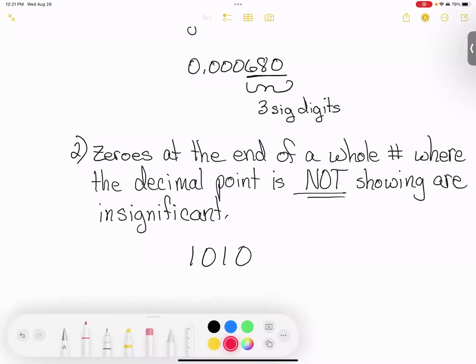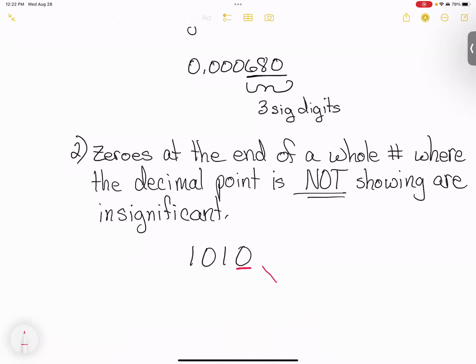So the zeros at the end of a whole number, if the decimal point is not showing, are insignificant.